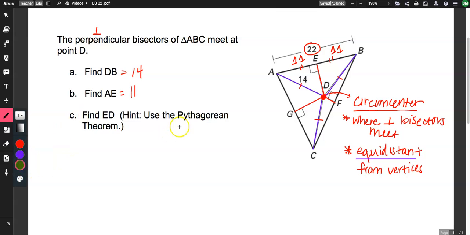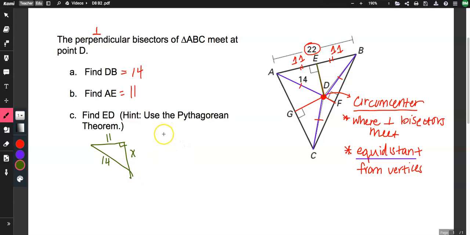And then we're going to find ED. I'm going to switch colors here. ED is the length of this perpendicular bisector. I see two right triangles, and the hint here is to use the Pythagorean theorem. When I look at this triangle, EDA, I have a side length of 11, hypotenuse of 14, and I don't know this leg.